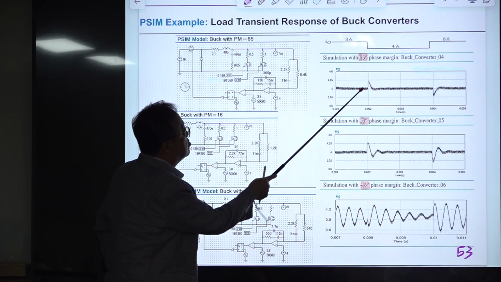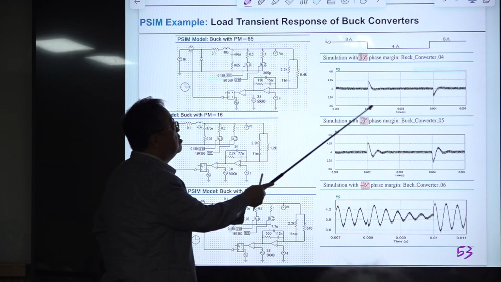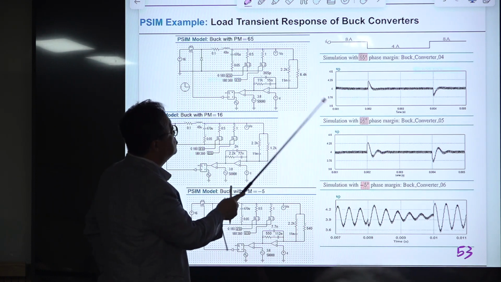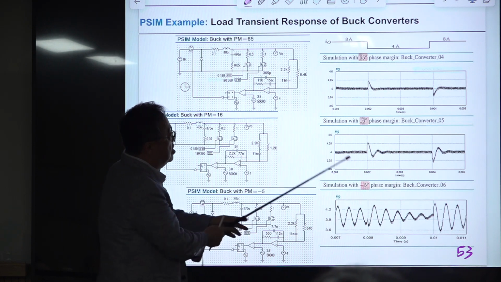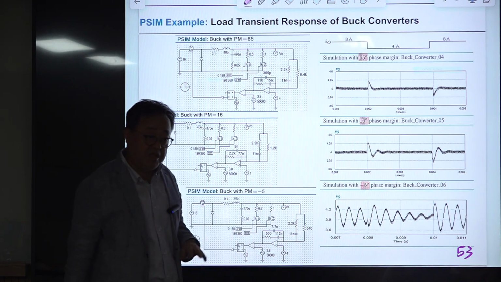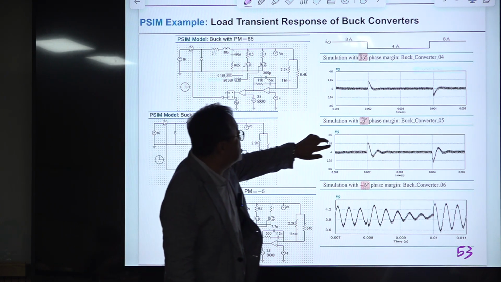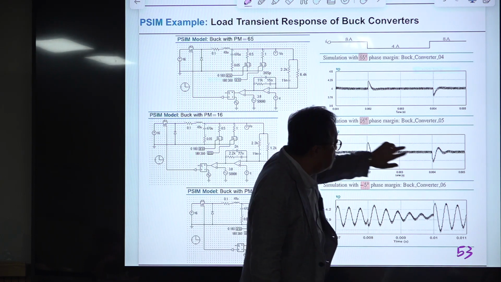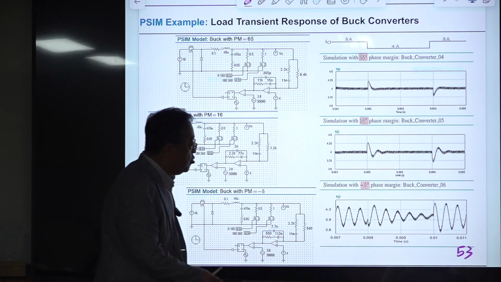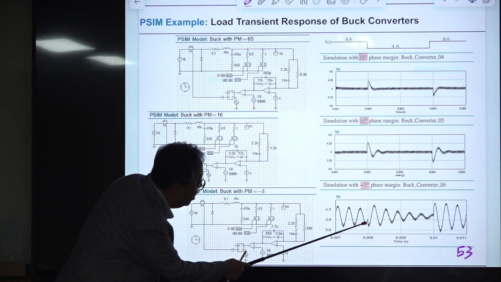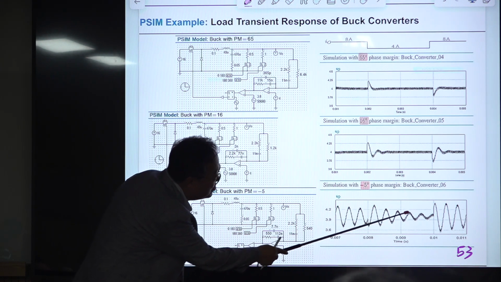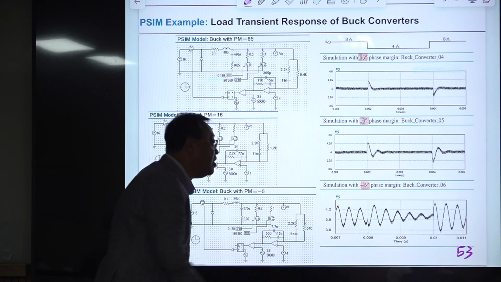So this is the transient response of this. This is the load transient response of this, and this is a 16 degree phase margin, which becomes a little bit oscillatory, and this is increased a little bit, and this is the unstable one. Here this is unstable, and this is kind of stable, and this is unstable again.